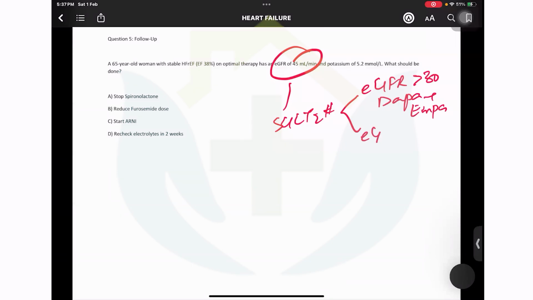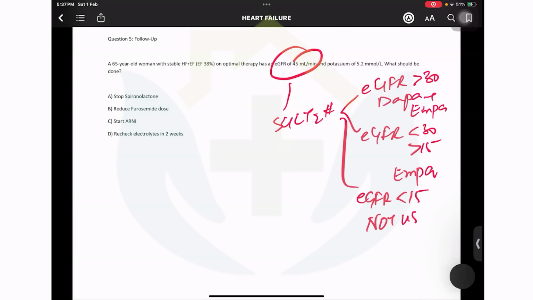But if the eGFR is below 30 and above 15, the only drug you can give is EMPA. If the eGFR is below 15, you cannot use SGLT2. Okay? Just a running thought.